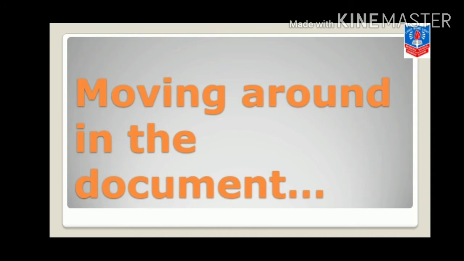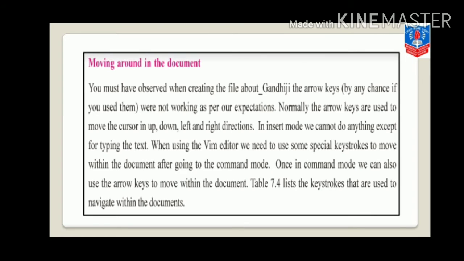Got it? Now students, we go to moving around in the document. This means we can move to any part of the document. We can go to the first line, the middle, or the last line. For that we have to use this option, moving around in the document. You must have observed when creating the file Gandhiji that the arrow keys, if you used them, were not working as per expectations.